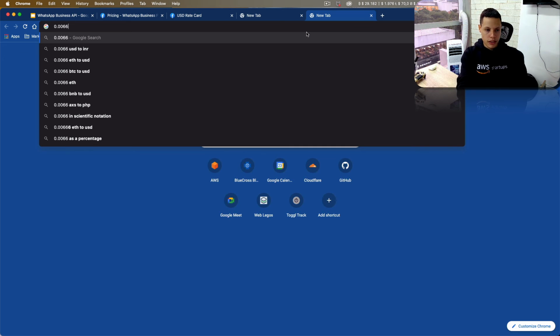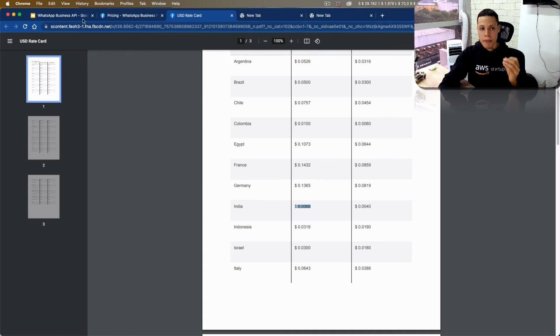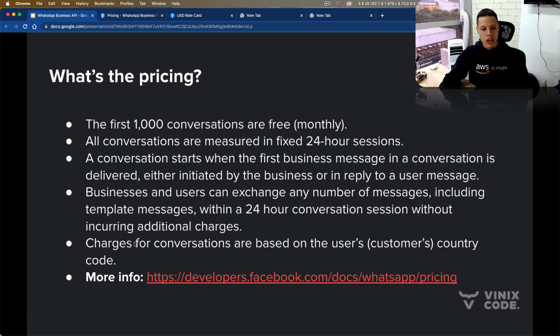If I do the same math, you see that I will have to pay just like $6 for 1,000 conversations. So it's very important to keep in mind that the rate will vary depending on the user's country code. And you see that here it says charges for conversations are based on the user's country code.